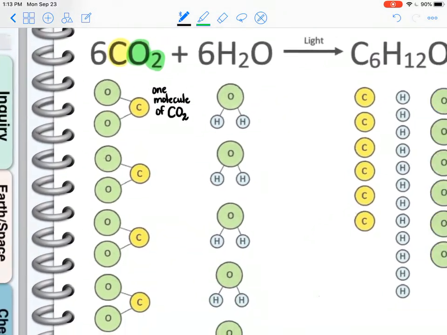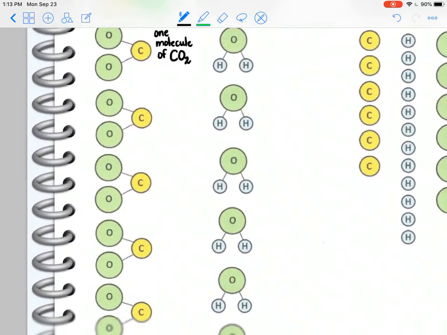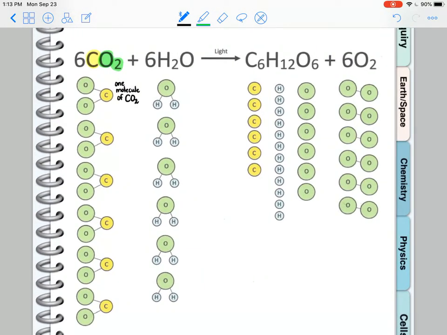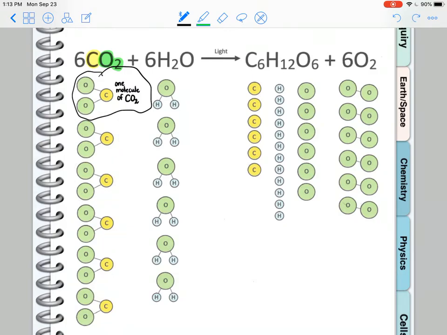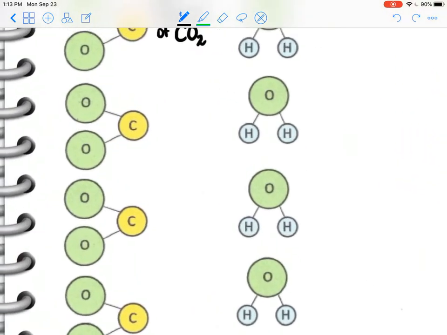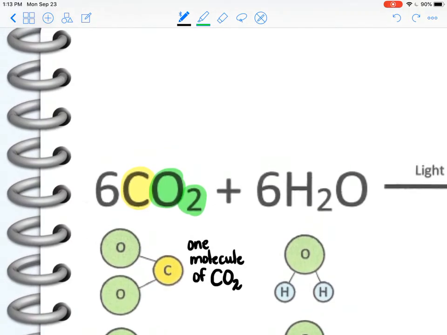So if we look back at this picture, you can see that I have drawn 6 of these. There's 1, 2, 3, 4, 5, 6 molecules of carbon dioxide. And that's exactly what this formula is saying to me right here. Let's go ahead and write what that says.